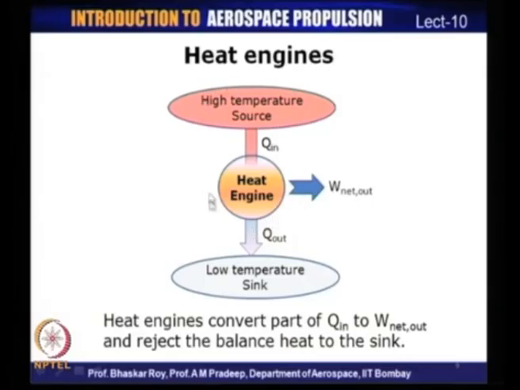This is how we would normally denote a heat engine, and what could be within it, as an example, is a steam turbine cycle which consists of several components. A heat engine is not a single component device. Though I have indicated the heat engine by just a single circle here, what is inside this circle could be multiple components.